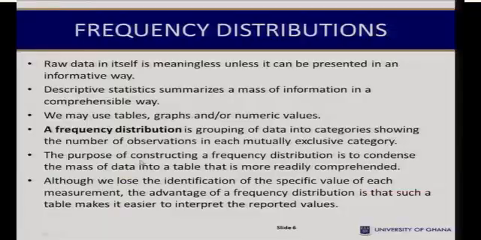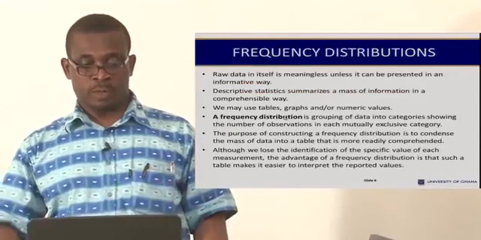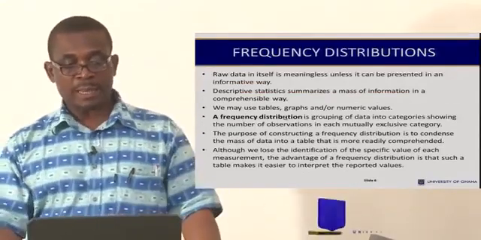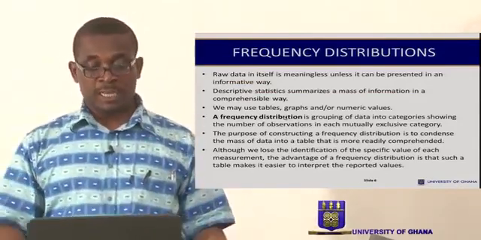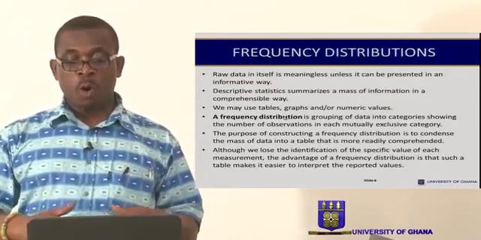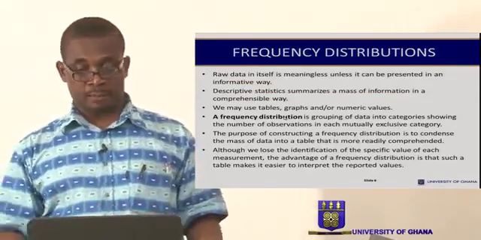A frequency distribution is grouping data into categories and then showing the number of observations belonging to each category. And the purpose is to condense the mass of data into a table that is more readily comprehended.